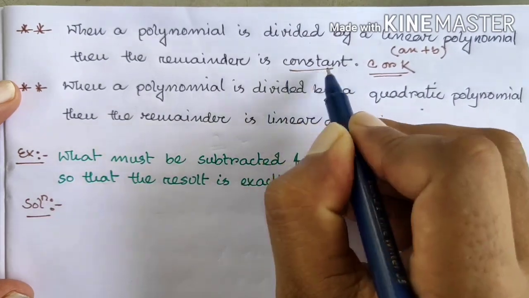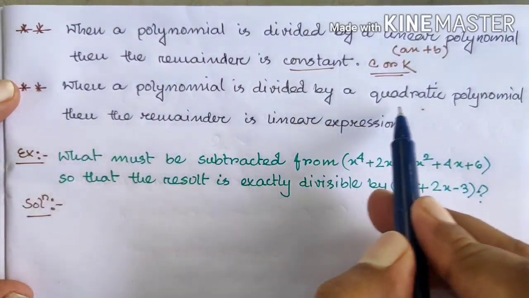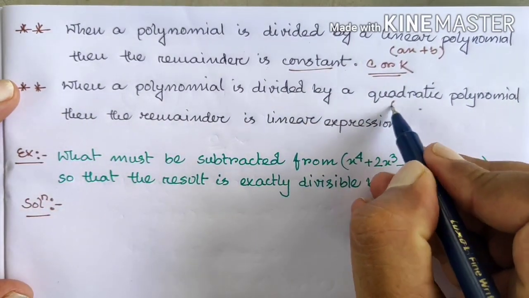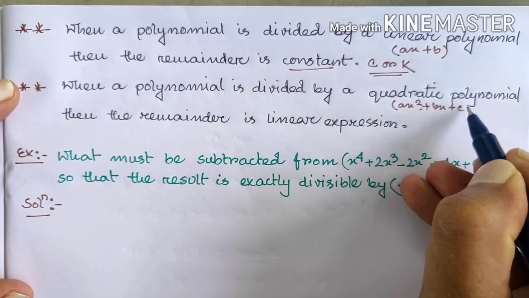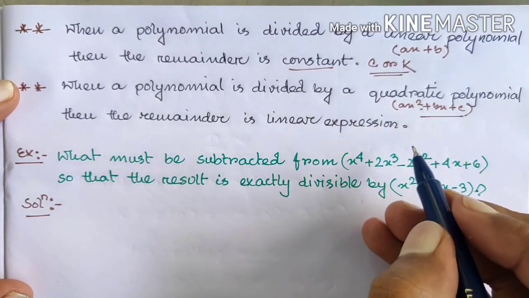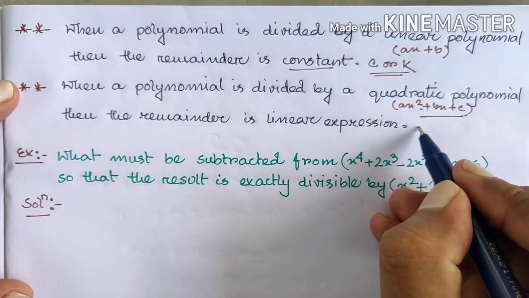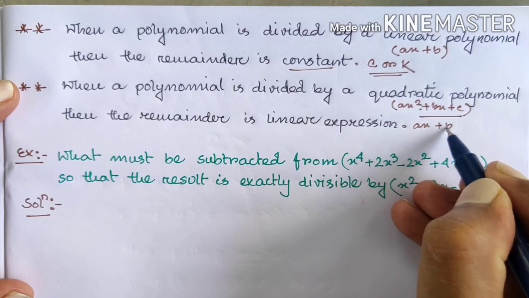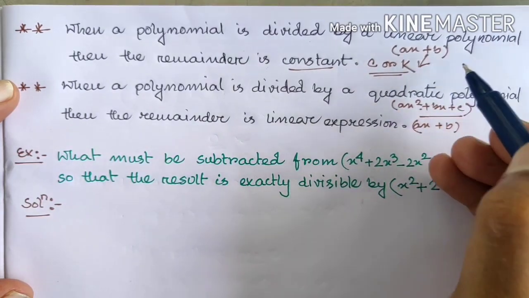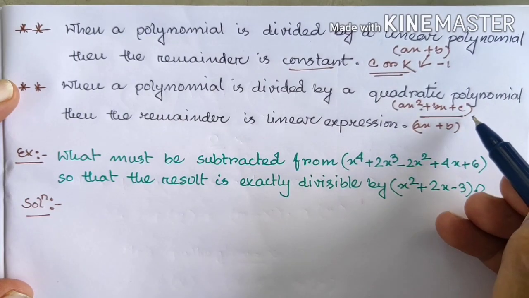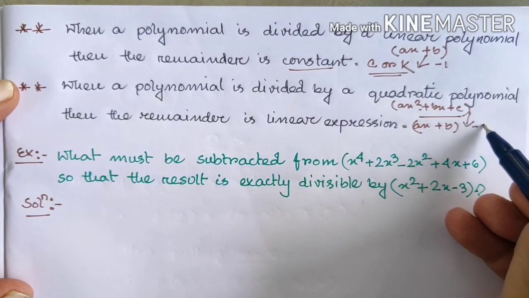Next, when a polynomial is divided by a quadratic polynomial, then the remainder is a linear expression, and the general form of a quadratic polynomial is x square plus bx plus c, and the linear expression is ax plus b. You can notice that everywhere the degree of the remainder is less than the divisor.